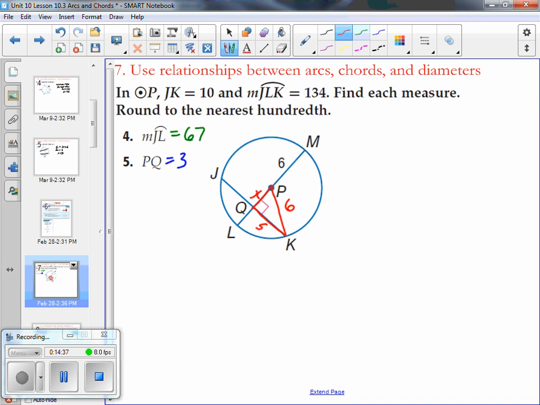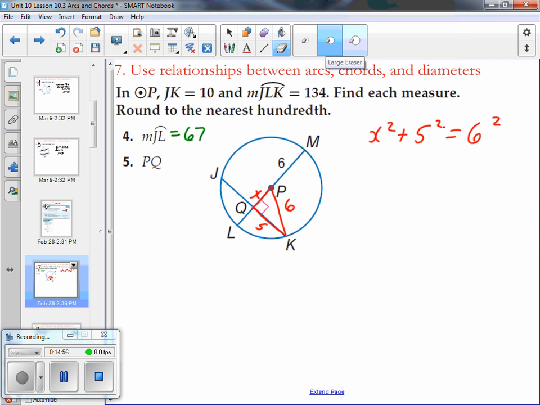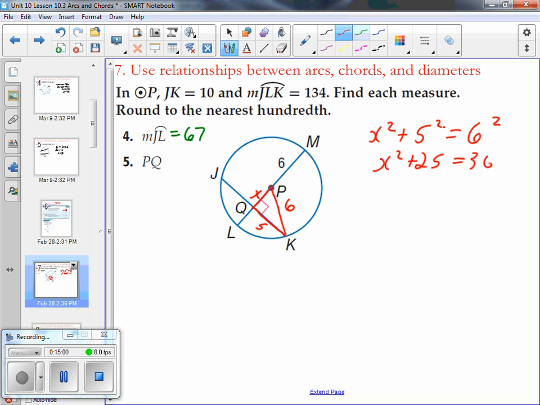And look, on this one, it's the Pythagorean theorem. If they'd given us an angle measure, maybe it's trigonometry we use instead. But we got a lot of tools with right triangles. This time it's Pythagorean theorem. So one leg squared plus the other leg squared equals the hypotenuse squared. So x squared plus 25 equals 36.